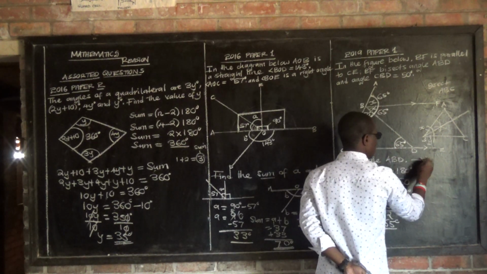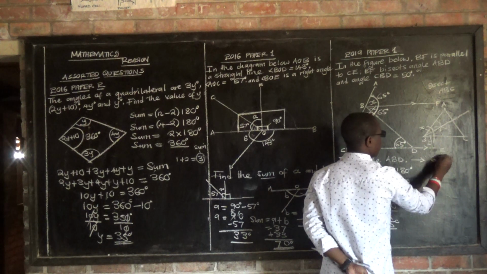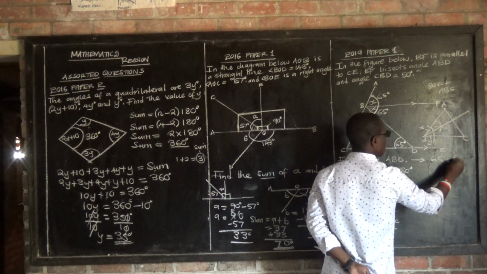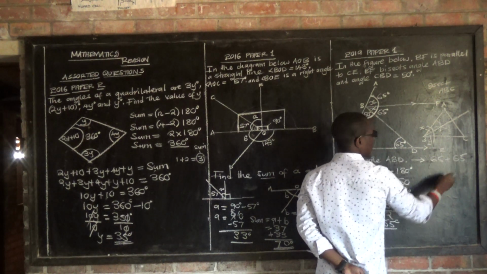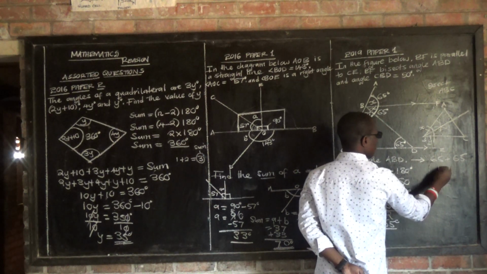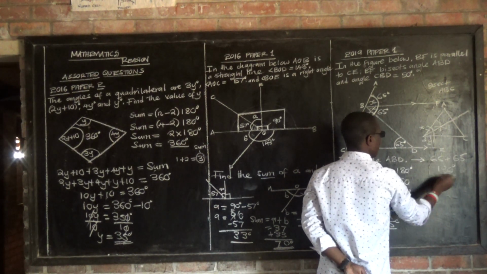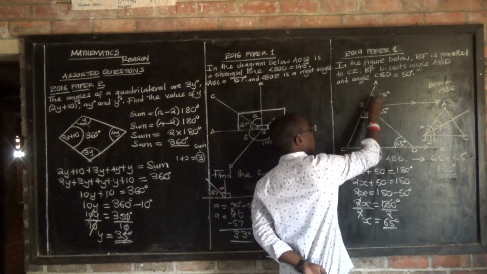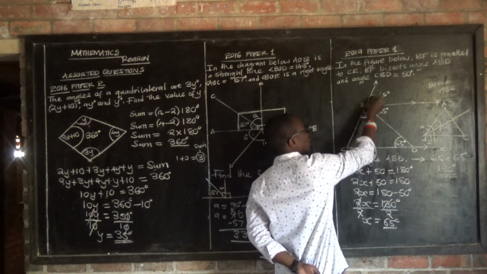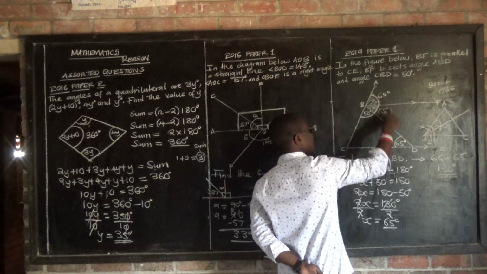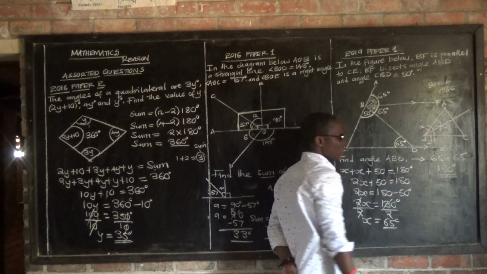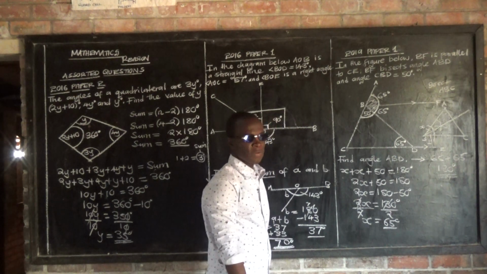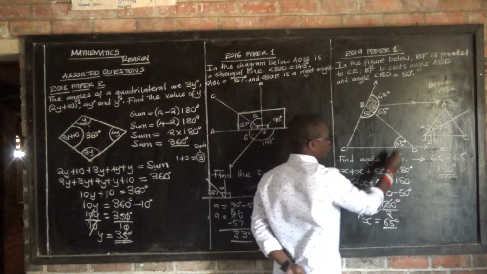So ABD is equal to 65 plus 65. What do you get? 130. This is the answer. ABD, they're talking about this angle. This is the angle they want. So ABD becomes 65 plus 65, you get 130.